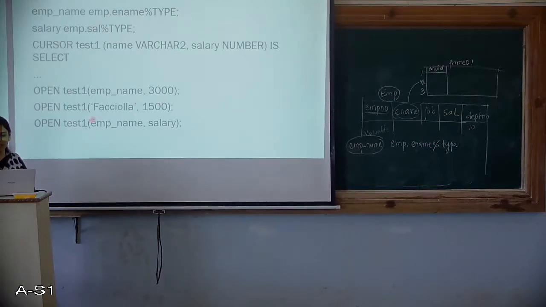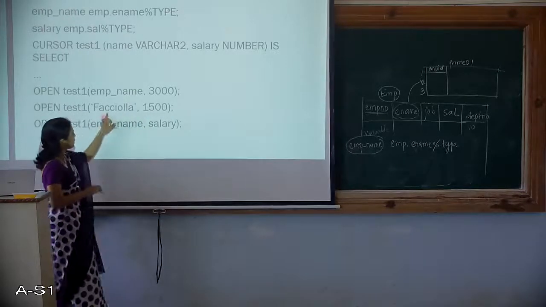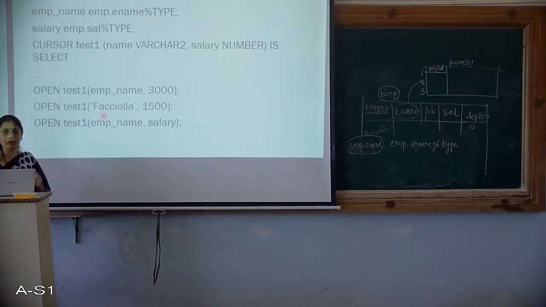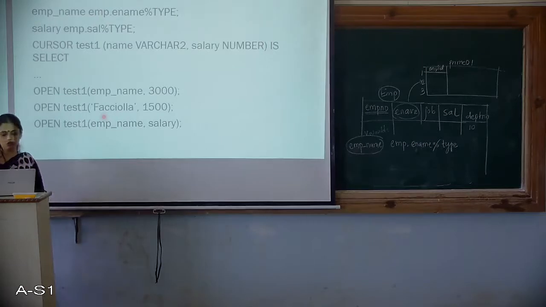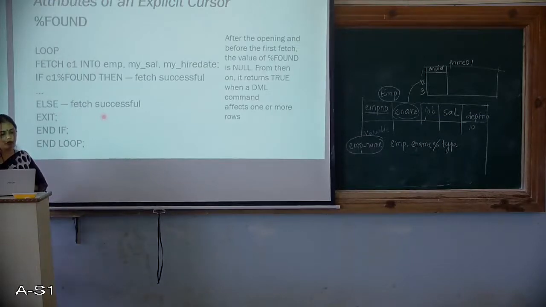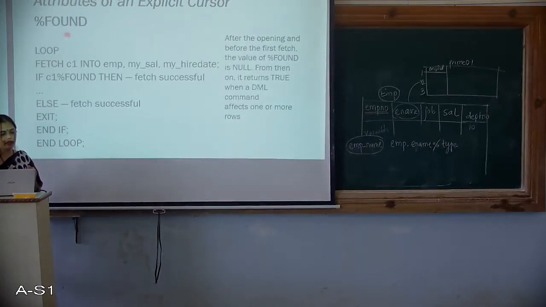So some name and salary, because it is varchar, in single quotes. Similarly you can do that. So you can pass parameters to the cursor also. It is possible like this. While opening you can just pass the parameters with certain values. Okay, so this was the declaration part, the definition.